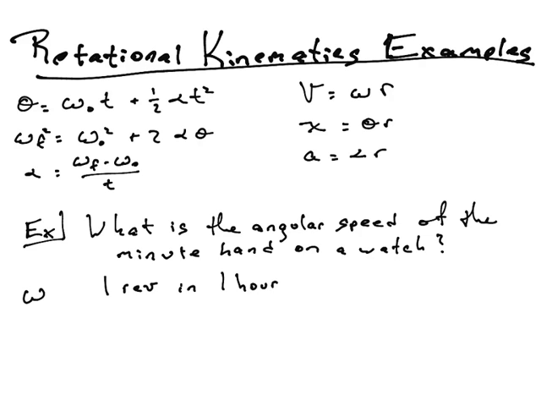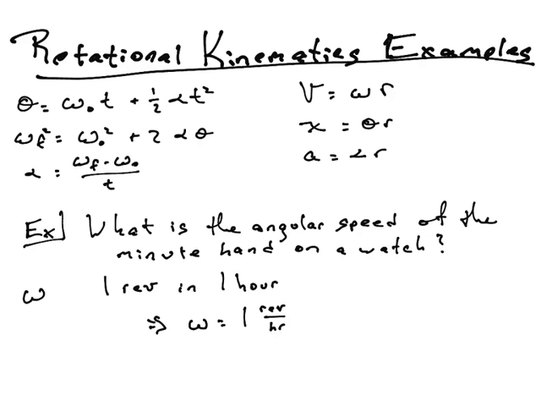When a minute hand goes from 12 all the way back to 12 again, it's changed 1 whole hour. So what we want to know is 1 revolution per hour. Omega is 1 revolution per hour.